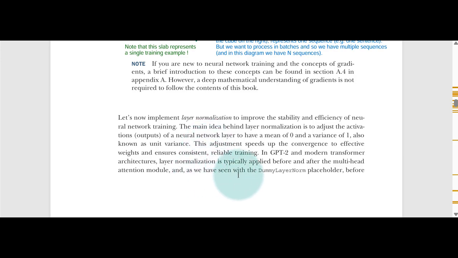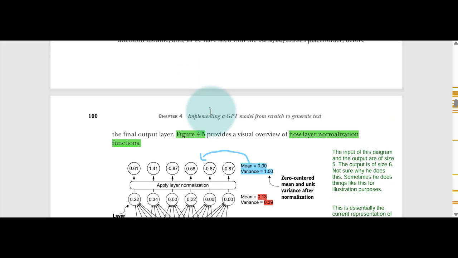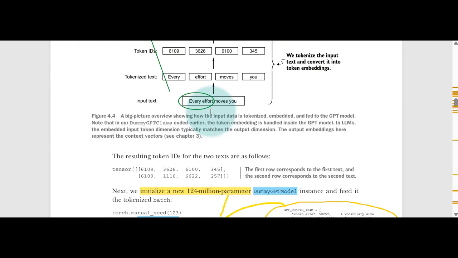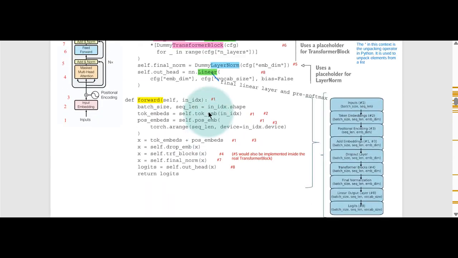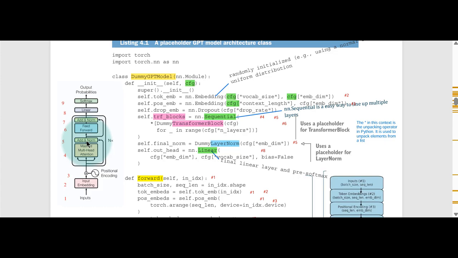And as we have seen with the dummy layer norm placeholder before the final outputs layer, okay, so we know that we're doing it here, here, and I think here also. Okay.